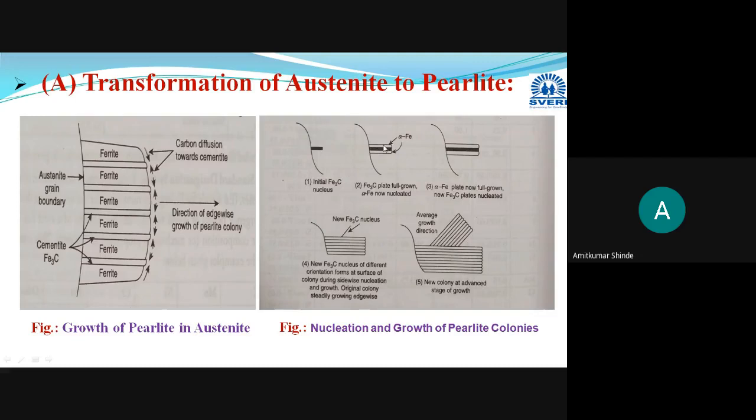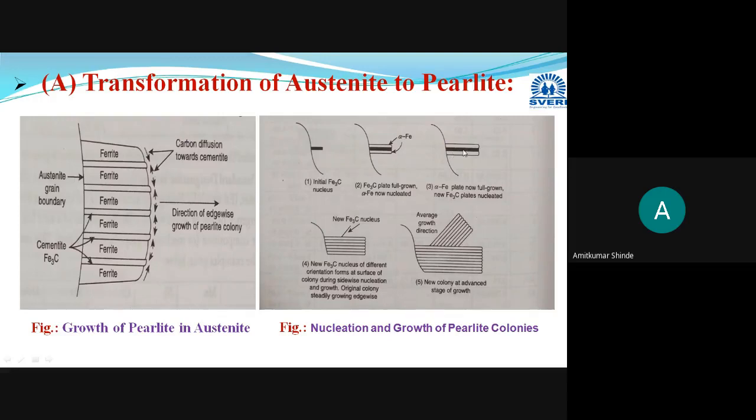This is the cementite and this is the ferrite. The cementite is formed due to the diffusion of the carbon, and on the adjacent side to the cementite, a carbon deficient region will be formed, and due to this carbon deficiency, ferrite will start growing. In this way, cementite and ferrite alternate layers will be formed.